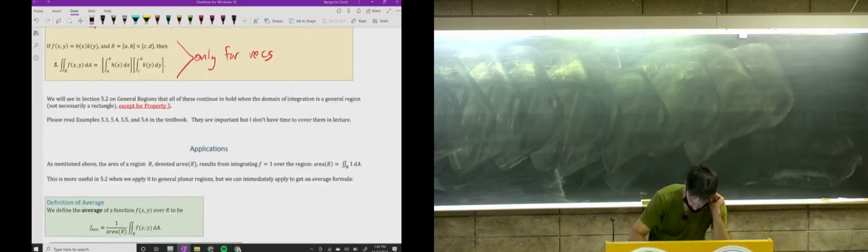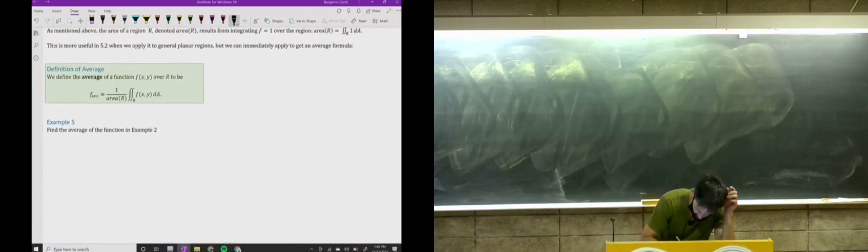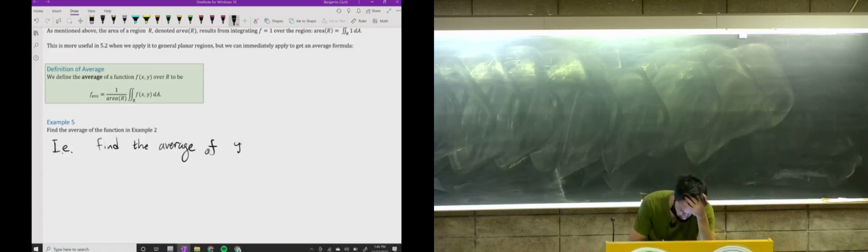So find the average of y squared over x on the rectangle 6, 9 cross 1, 2.